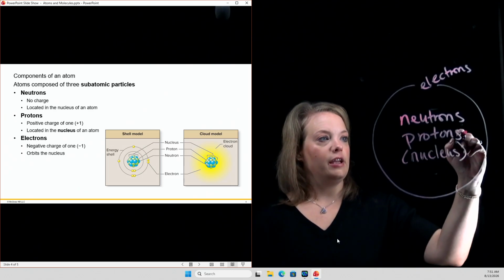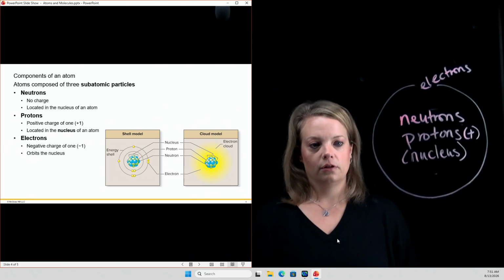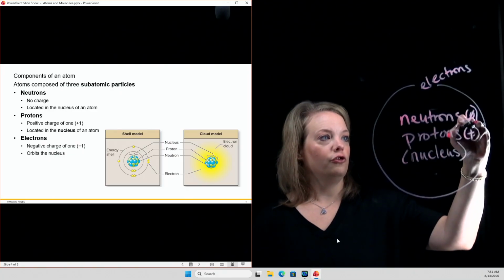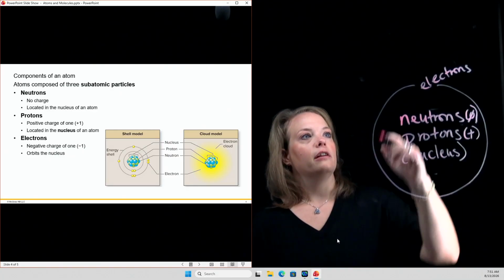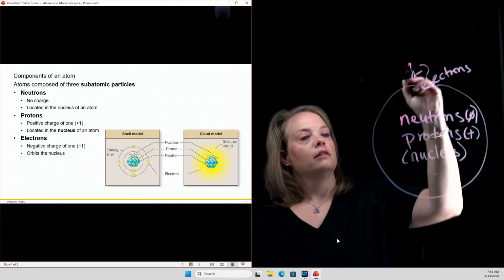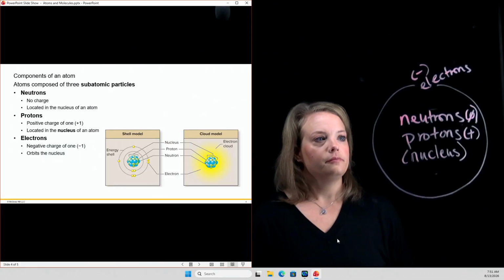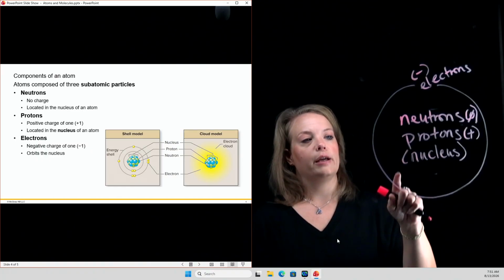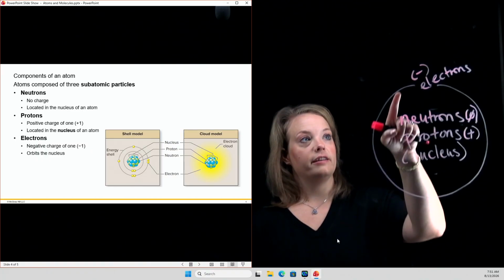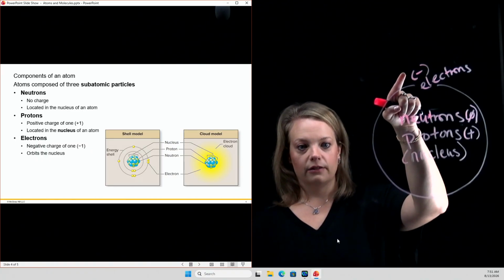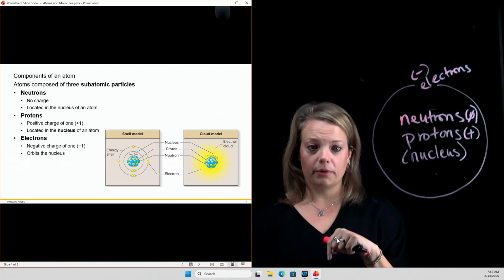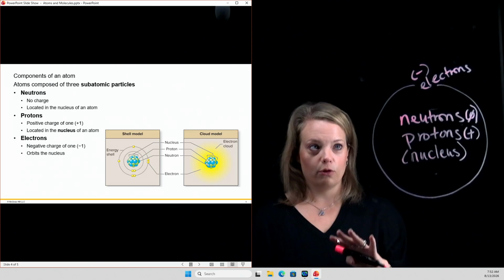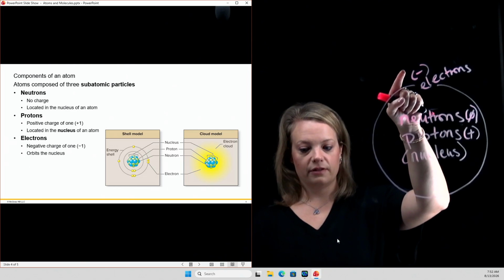Protons have a positive charge. Neutrons do not have a charge, so they are neutral. And electrons have a negative charge. Atoms have the same number of protons as they do electrons. So when we talked about that atomic number earlier, that atomic number is also the number of electrons.